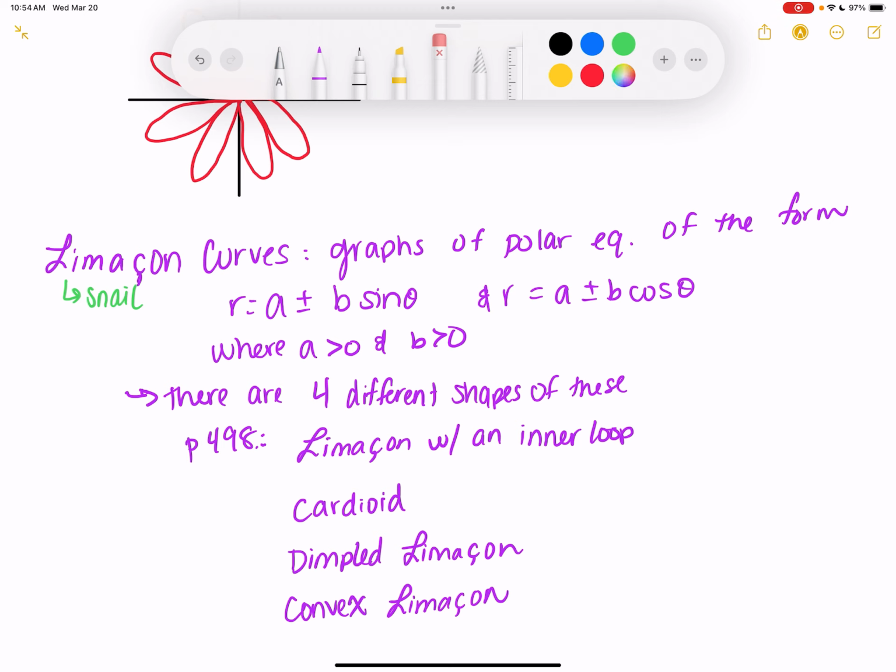Anyways, there are pictures of what all those look like. I think they're also in that packet, so I'm not really going to draw them, but if you're inclined to draw them, you're welcome to. And there are restrictions on A and B and A divided by B for each one of those.